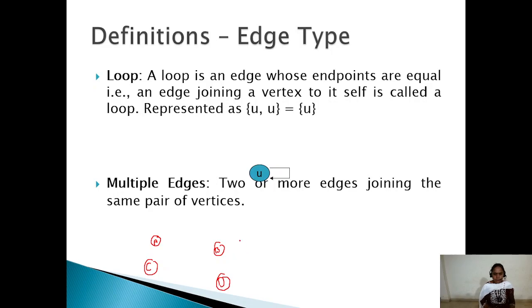So A to B, B to D, D to C, C to A. This is the normal graph or complete graph. What is multiple edges? A is connected to D.